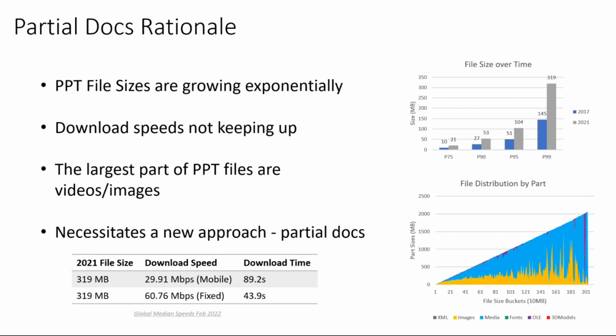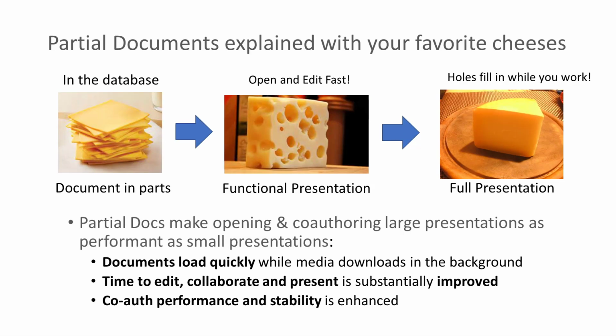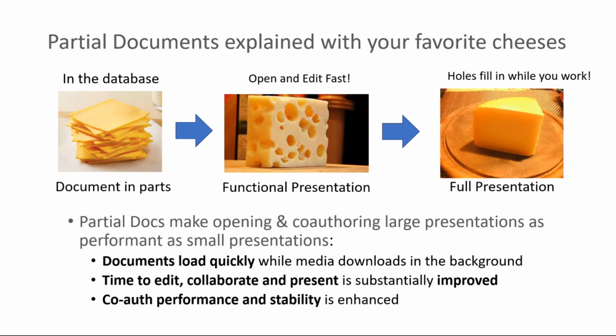So that leads us to partial docs. This is a little bit of secret sauce, so I'm going to describe it to you using a metaphor. Bear with me. We'll describe partial docs with your favorite cheeses to get the idea across. In the database, we're now storing the document as parts. In the old way, we used to store it as the full brick of cheese, and to get that cheese to you, we would have to download that whole big thing.